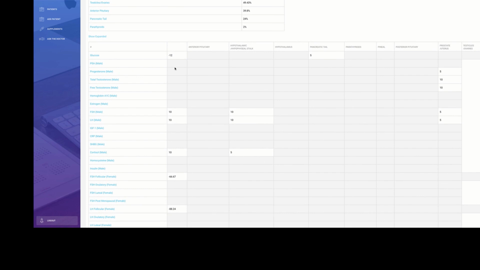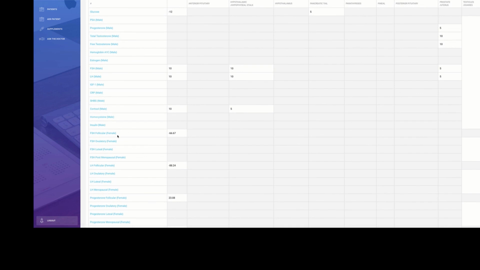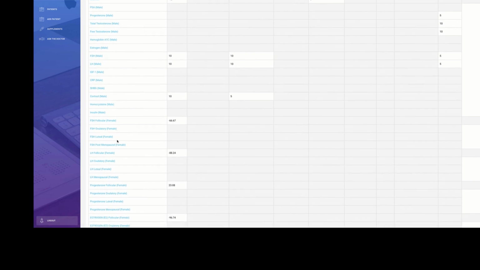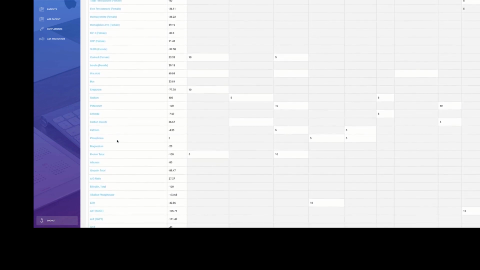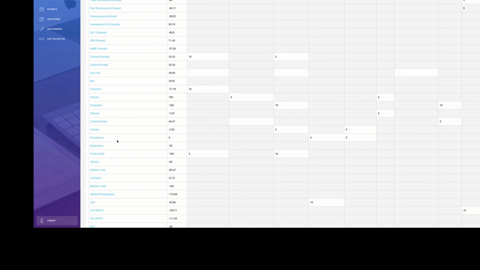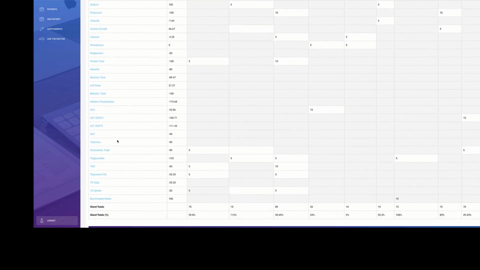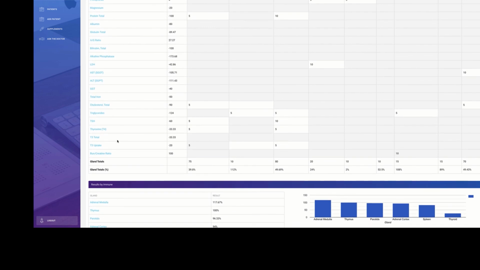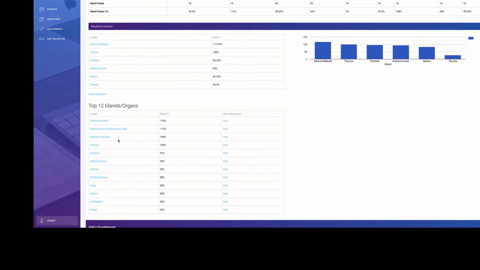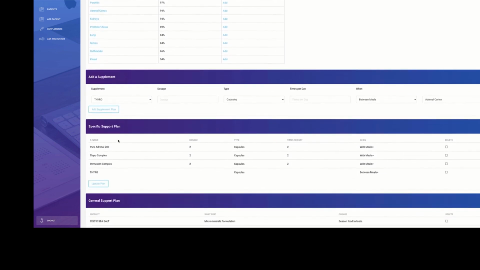You'll see them across the top, and you'll see down which test we utilized and what the points were for each particular test, and based on the percentage that it was out of range times the percentage points would give us an idea of exactly where this glandular organ relates to all the other glands and organs in the body. A pretty complex procedure, but if you really want to sit down and look at it and study it, it would be really great to do. But that's how we utilize all the information so far.